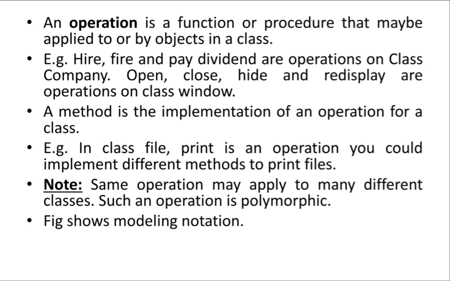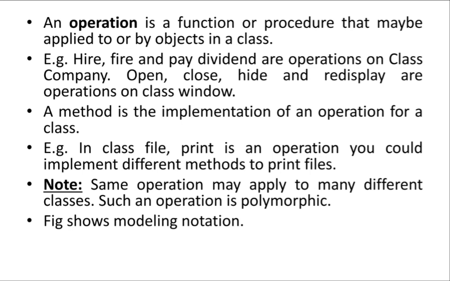Then it will become a method, right? So an operation can be implemented using different methods. Like a 3 lines program, that is one method. A 5 lines program, one method. A 100 lines program, that is another method. Hope you understand. If you have any doubts, please post your doubts in the comment section, right?